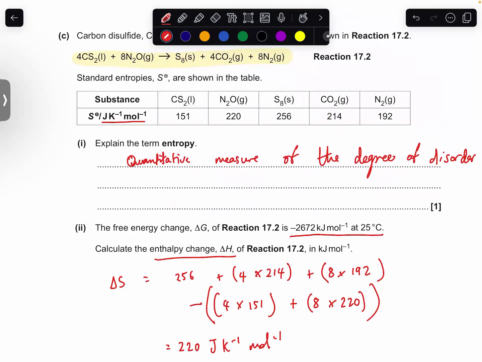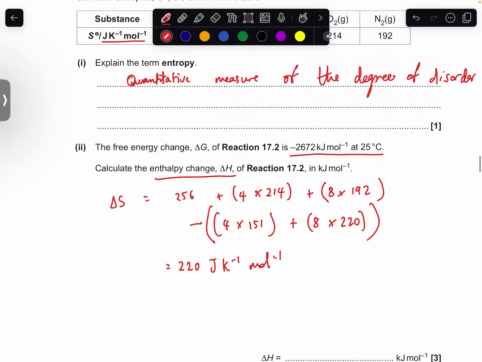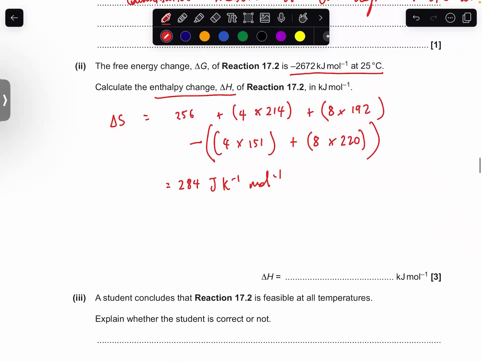Minus 4 times 151. That's correct. And then N2. Oh, yeah. So I think I've just done a calculator error. Oh, no. My calculator says 284. I wrote down 220 looking at this. I had a small lapse of concentration there, ladies and gentlemen. Apologies. 284. My calculator had that answer on there.